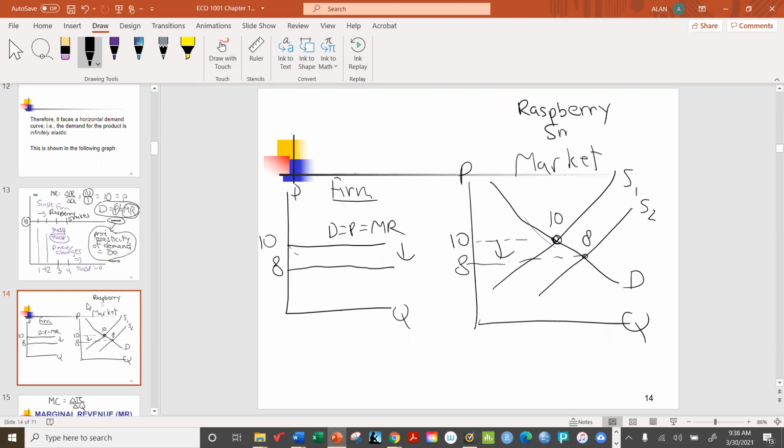And so for the entire industry, the entire raspberry shake industry, there are other products that people could buy. In other words, let's say that they go out and find some other drinks that they prefer. So for the industry as a whole, the demand curve is still downward sloping.